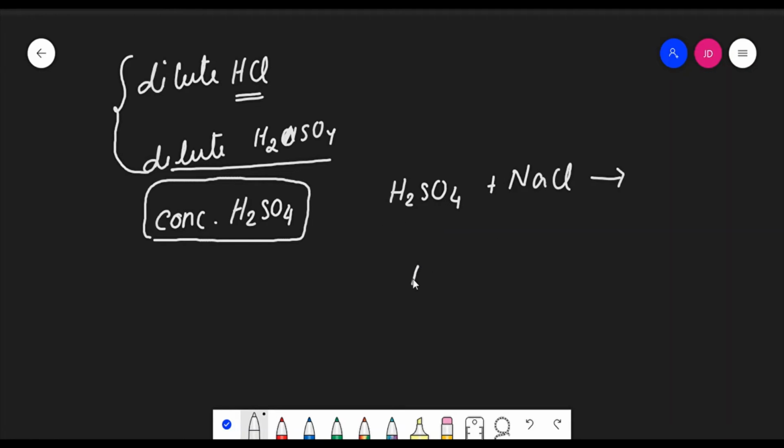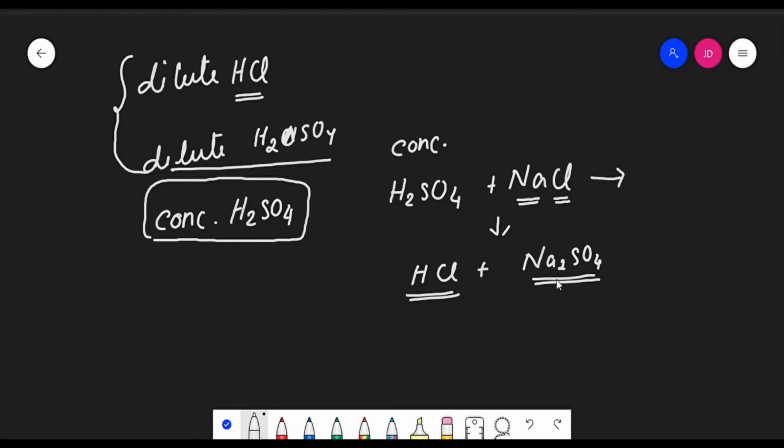That means H wants to take Cl and Na should be alone, Na2SO4. Na will have to take SO4, but we know Na is more reactive, chlorine is more reactive. As a result, this reaction cannot take place. However, if I use concentrated H2SO4, it's very strong. That time this reaction will take place to give us HCl and Na2SO4.